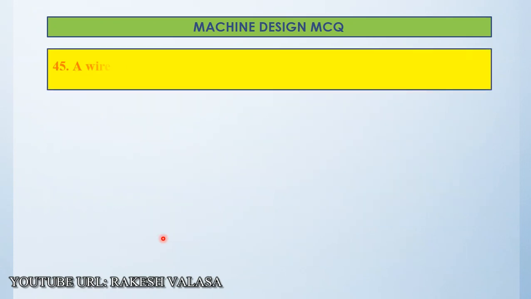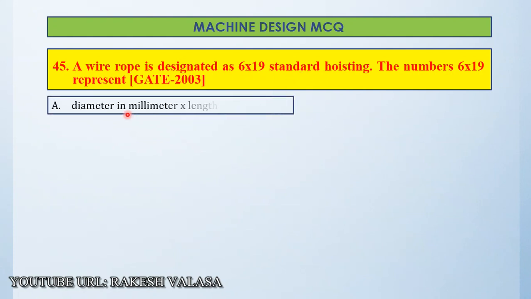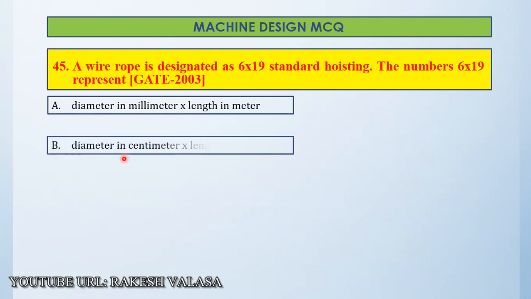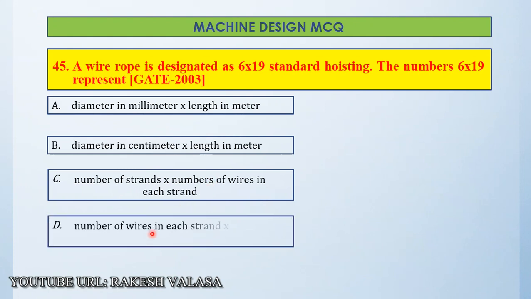Question number 45. A wire rope is designated as 6 into 19 standard hoisting. The numbers 6 into 19 represent option A diameter in millimeter into length in meter, option B diameter in centimeter into length in meter, option C number of strands into number of wires in each strand, option D number of wires in each strand into number of strands.